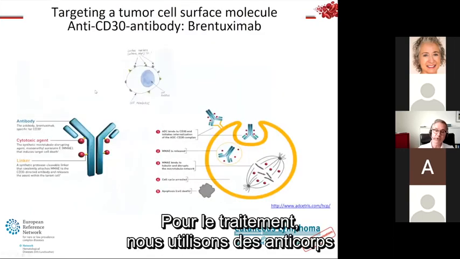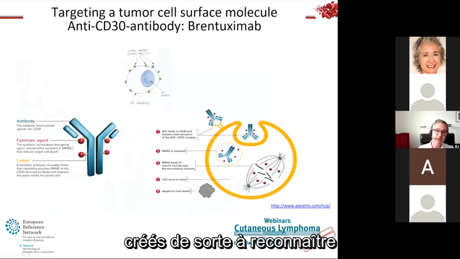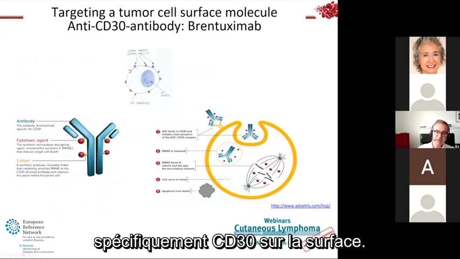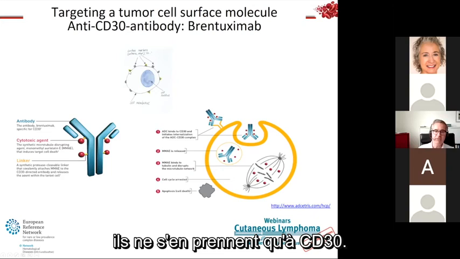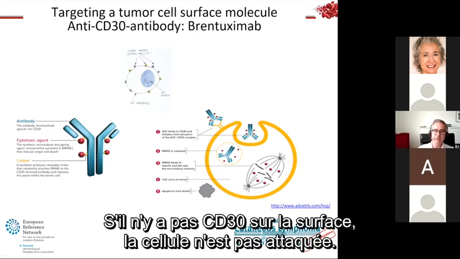And treatment works in a way that we are using antibodies that are created so that they specifically recognize the CD30 on the surface. Only the CD30. They would not bind to CD29 or CD31, whatever. They only bind to CD30. If there is no CD30 on the surface, the cell will not be attacked.